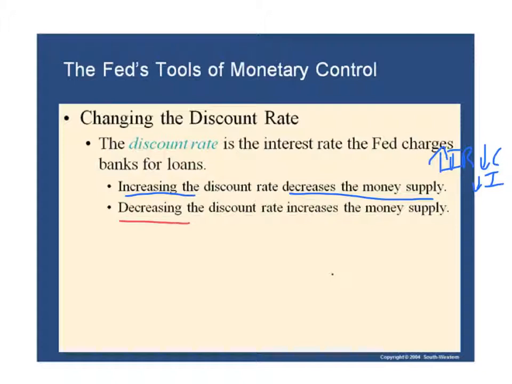By decreasing the discount rate, the Fed increases the money supply, shifts it to the right. That would decrease the interest rate, increasing consumption and increasing investment. Again, that's the appropriate response for an economy experiencing a recession or a recessionary gap.